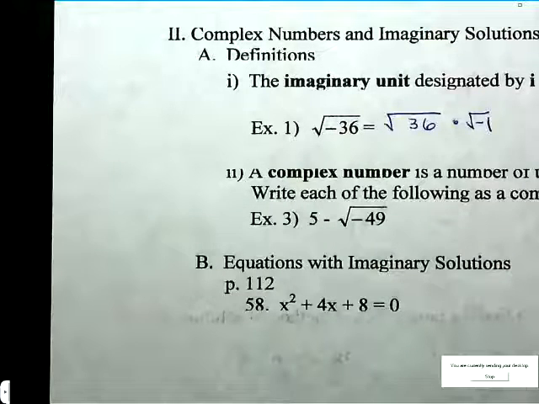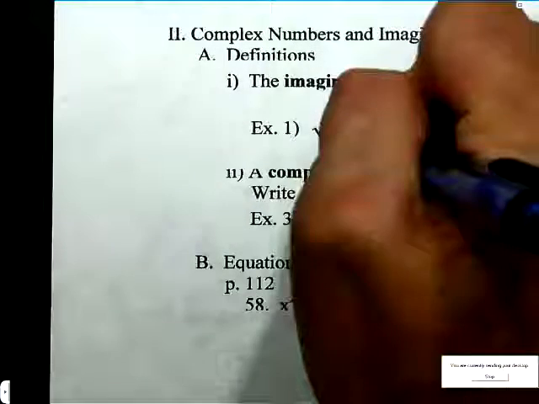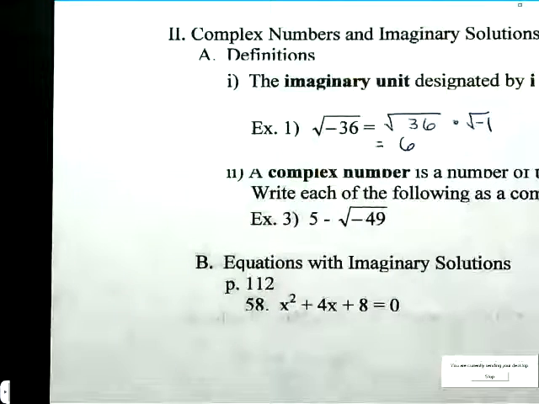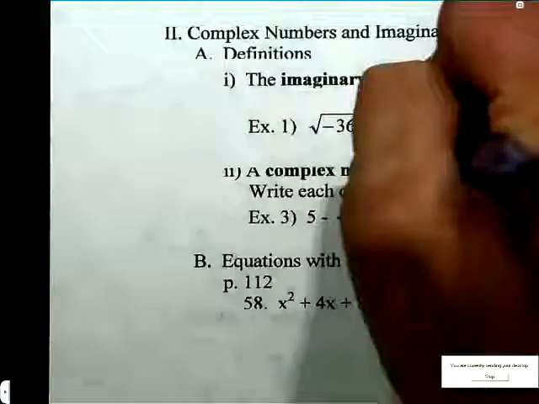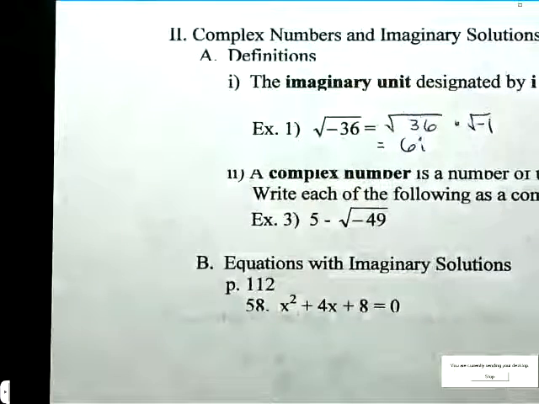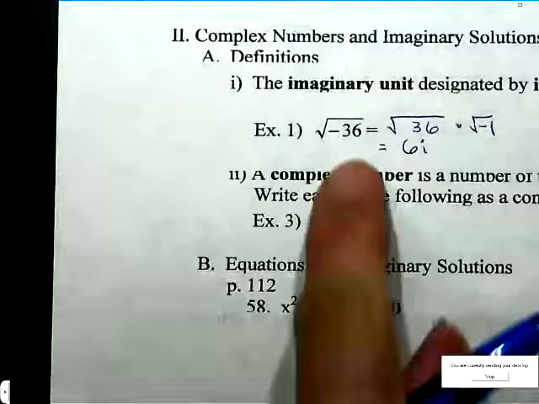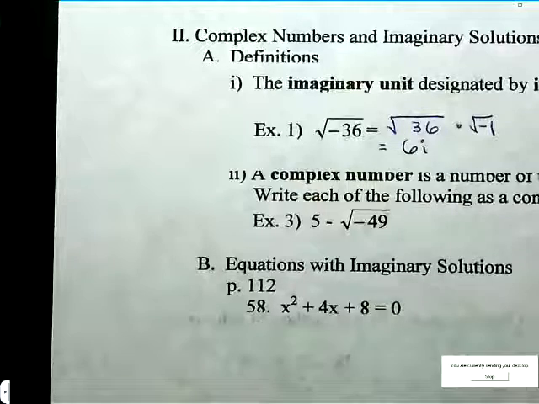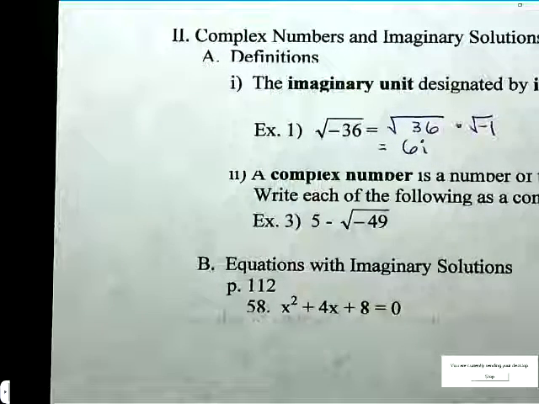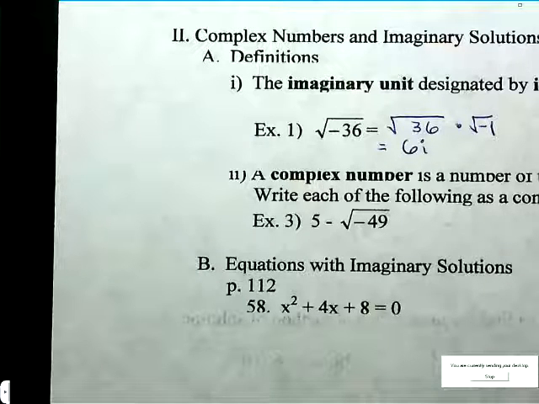The square root of 36 is just 6. And the symbol we use for the square root of -1 is i. So the square root of -36, we're no longer just going to put not a real number. We're going to write the answer in terms of i. And notice that's not the same thing as -6. If it was just -6, then we wouldn't need an i. It's 6 times the square root of -1.